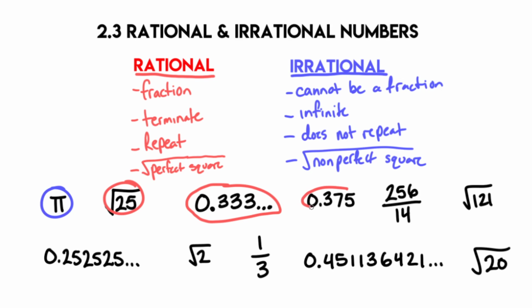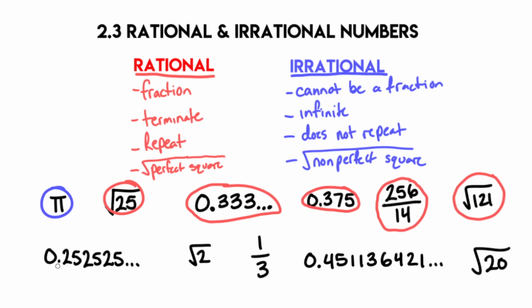So this is also a rational number. 256 over 14. Anything that's a fraction, no matter how crazy, is always going to be rational. Next up, the square root of 121. This is a perfect square. This answer comes out to be 11, so this also would be a rational number.